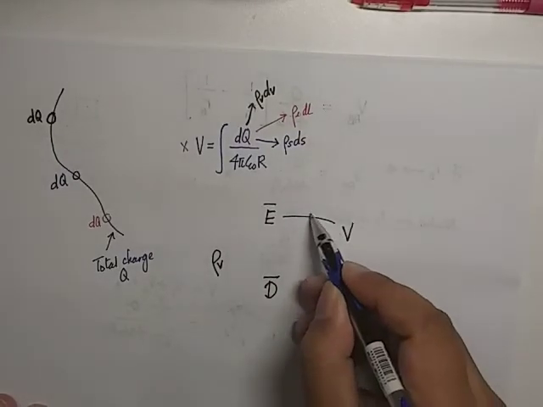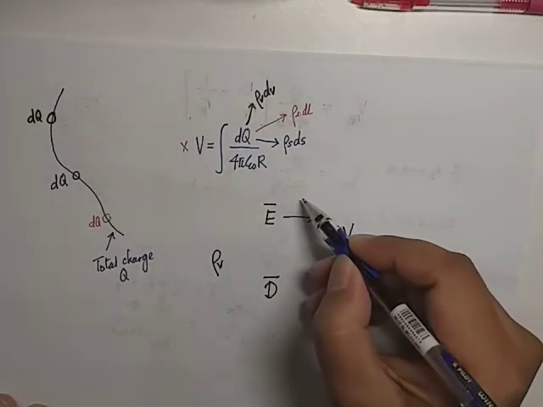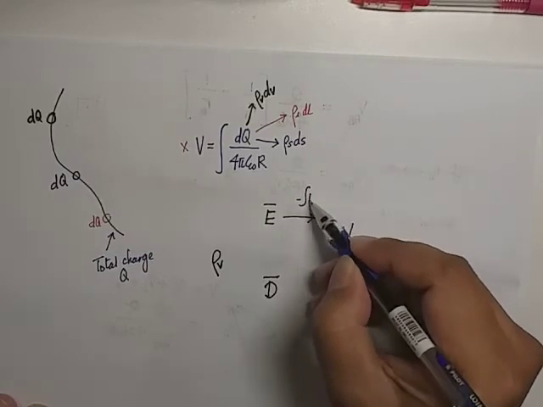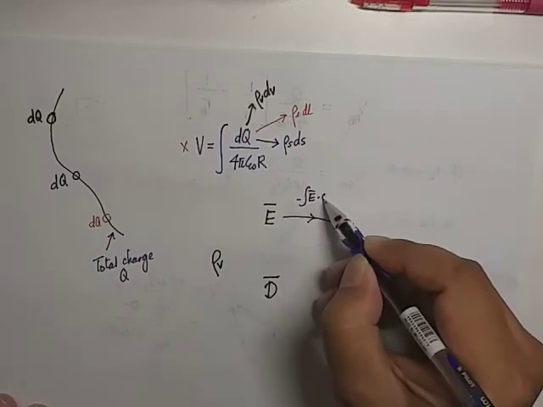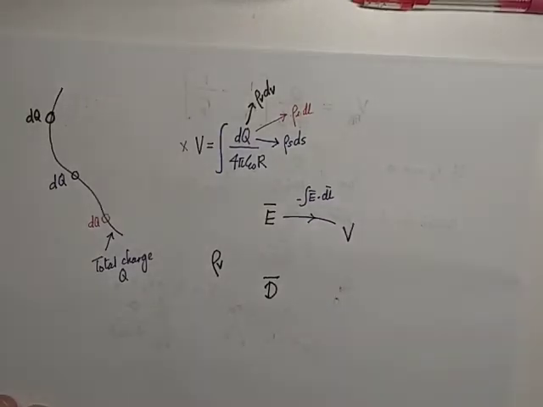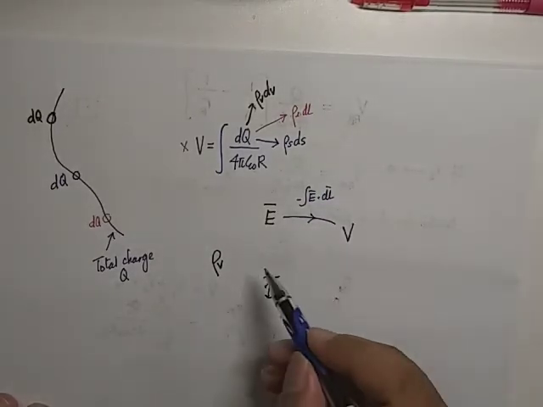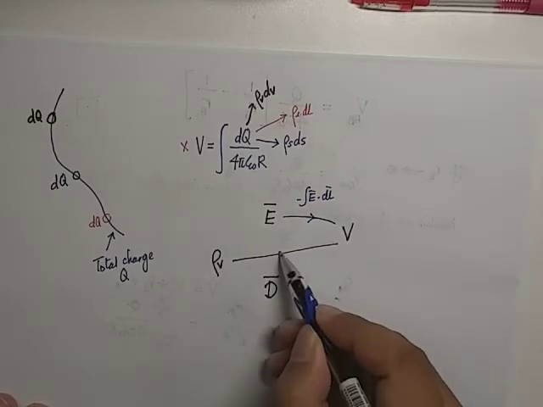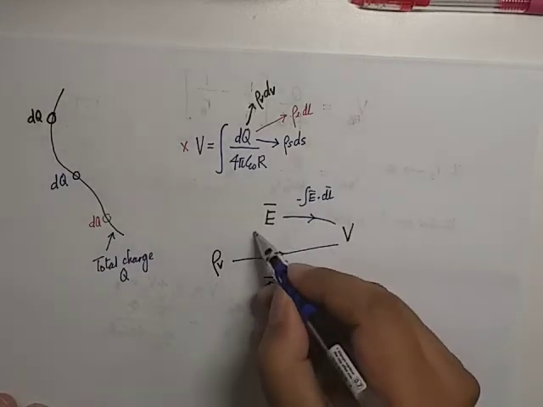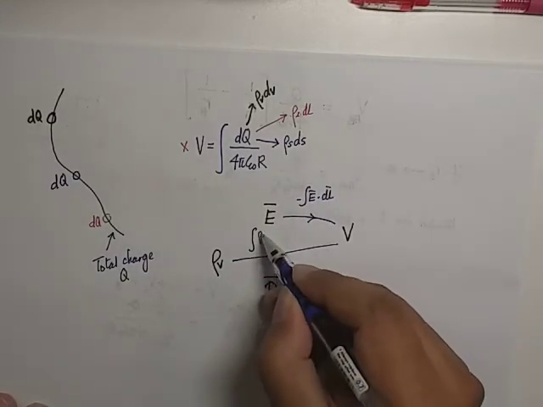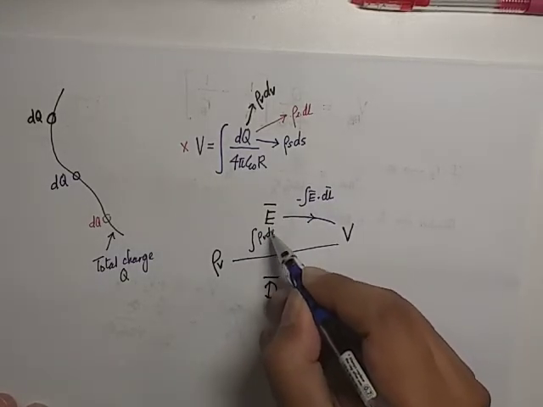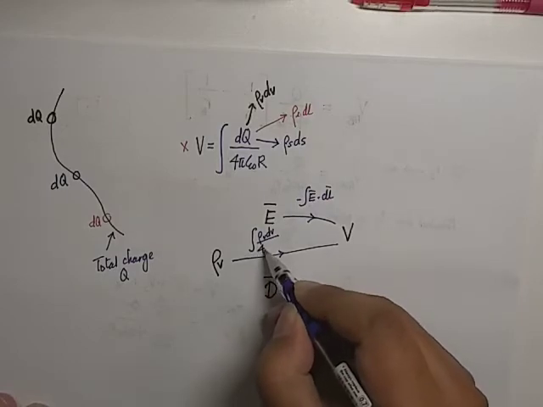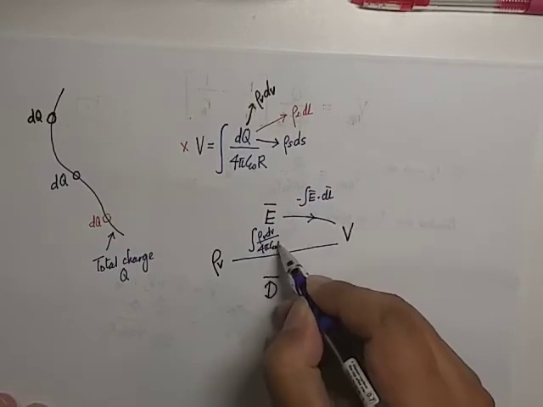So we are using minus the integral of E dot dl. That's one approach that we can use to find V. And the second approach to find V is from rho_v. So we are saying this should be the integration of rho_v dv over 4 pi epsilon naught r.